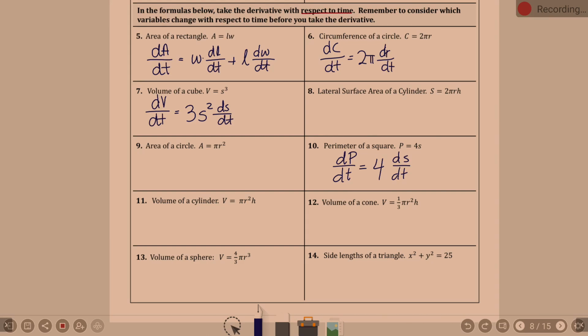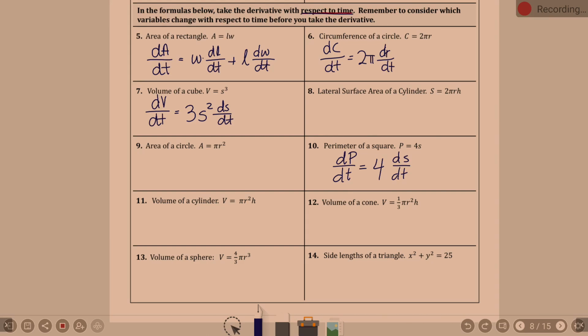Because this is kind of like when we did implicit differentiation. You're taking the derivative, so the derivative of 4s is 4, and then it's just times the derivative of s, which is the change in s over the change in t, so ds dt. They're all in respect to time.